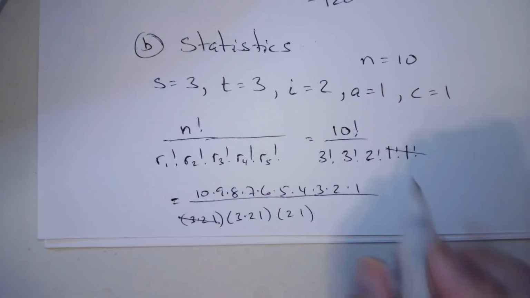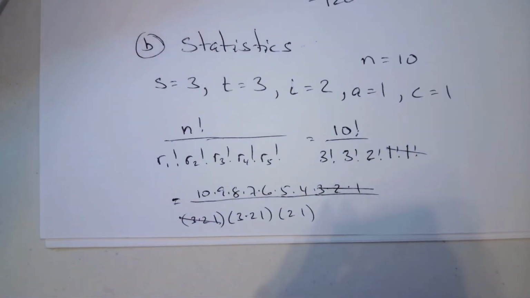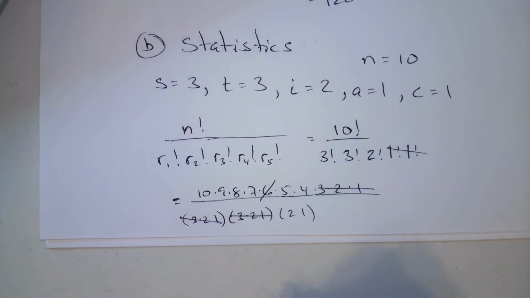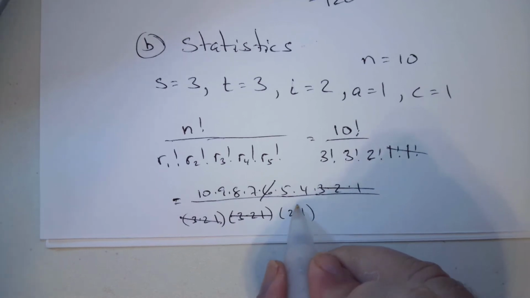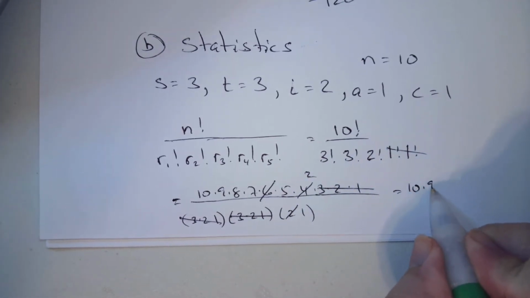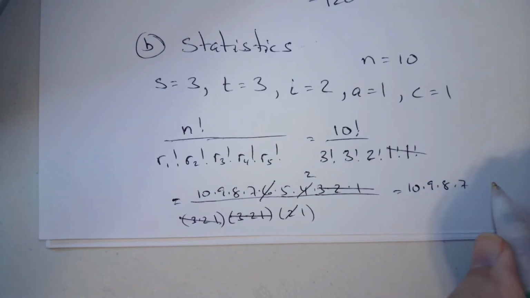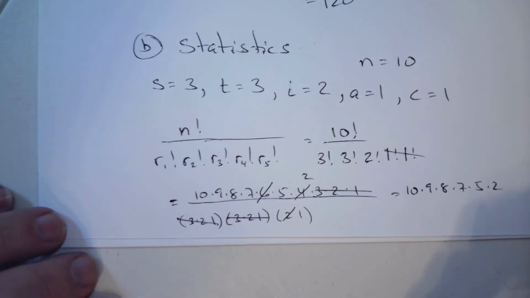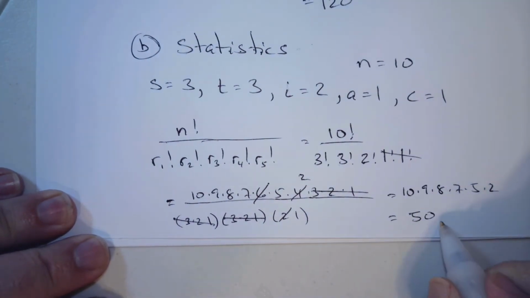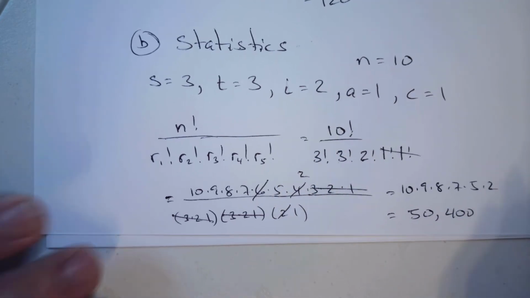So 3, 2, 1 can cancel. 3 times 2 is 6. 2 goes into 4 twice. Times 8 times 7 times 5 times 2. Multiply all those together, we get 50,400.